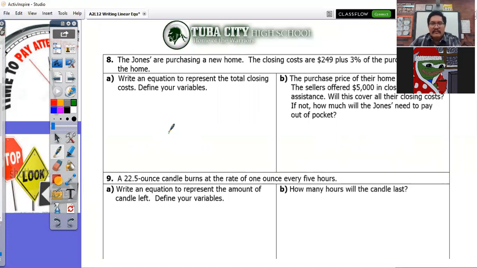Write an equation to represent the closing cost and define your variables. We still have y equals mx plus b, so there's a beginning. This number begins at $249 plus, and I'm going to keep it in order so that it's easier to read, 0.03, and that's how you say 3%.